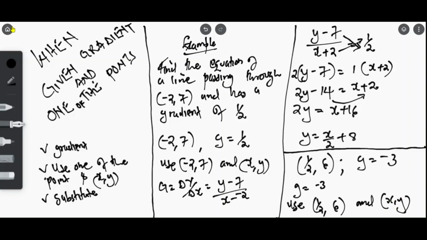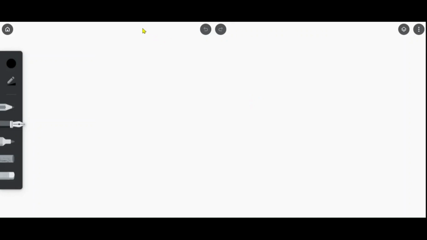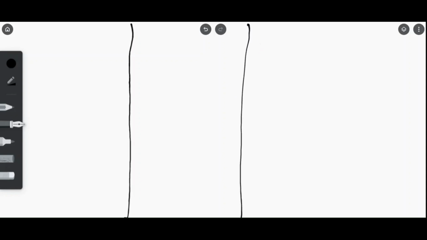Let me see what I will have here, right? So if I use that point, this is what I will have: gradient is equal to change in y all over change in x.